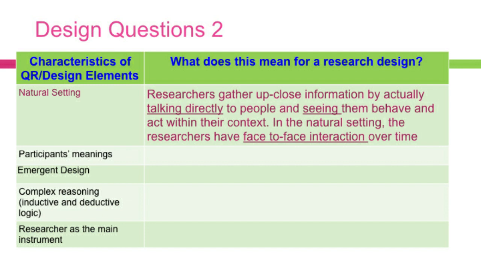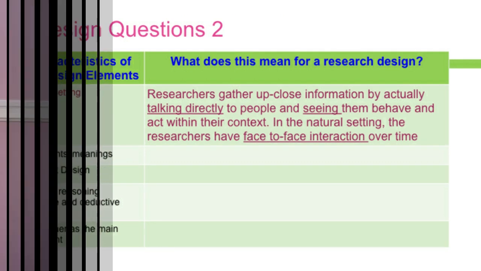So I'm saying researchers gather up close information by actually talking directly to people and seeing them behave and act within their context. In the natural setting, the researchers have face-to-face interaction over time. So if natural setting is your design criterion, the other column that we just read means this is what is in your mind when you are planning it, that you must have them where they are.